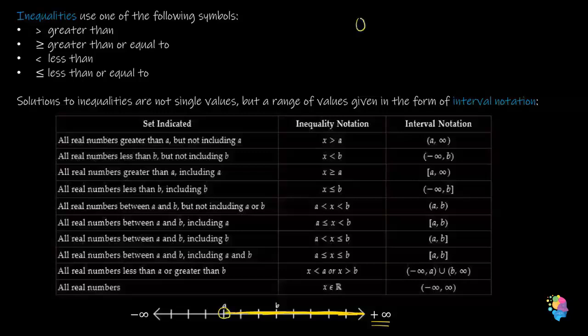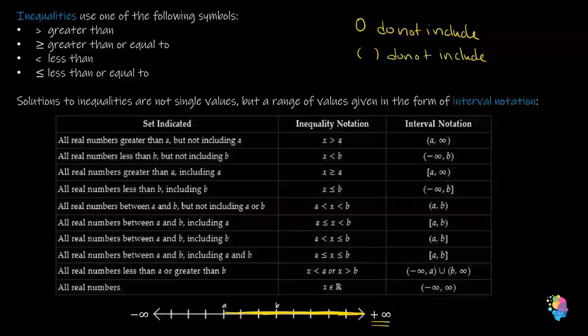Let's write it up here. And there are other books that use parentheses to say that they do not include the value. We're going to be using parentheses instead of the open circle, and the reason for that is to help us with the interval notation.